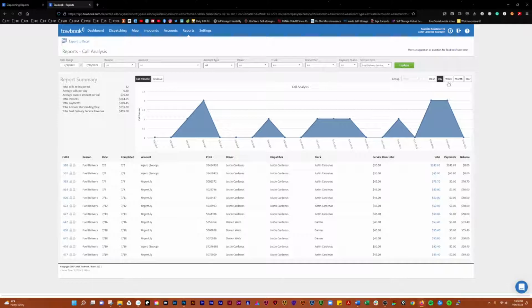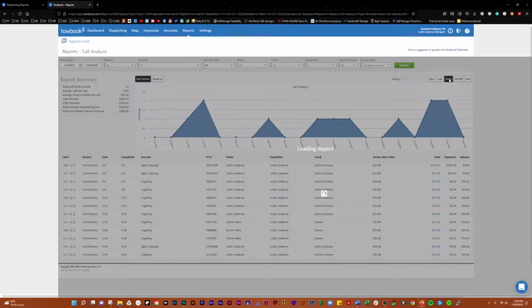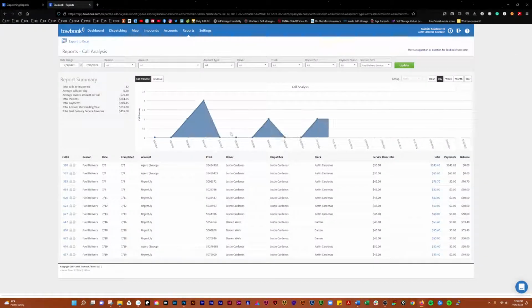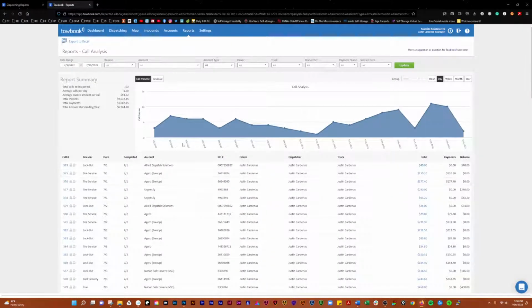Like it looks like for here, let's say we're looking at a week. No, that's a weekly report, sorry. So here we look at 7-2, 3, 4, so like on 7-3 and 7-4, we had a little bit of volume. Let's go to all so we can kind of get a real picture here.